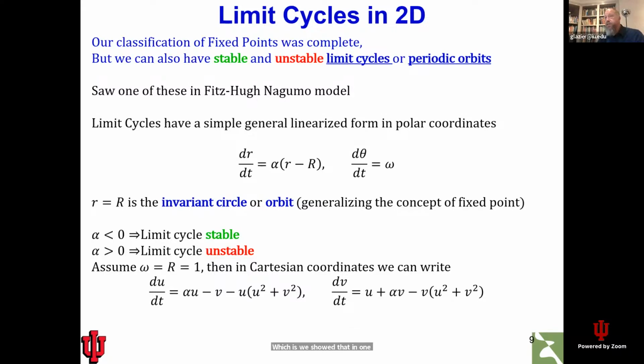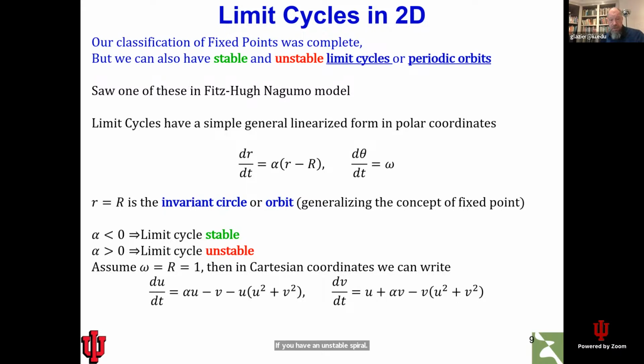But in 2 or higher dimensions, you can have stable or unstable oscillations. Spirals are oscillatory in nature. An unstable spiral represents a growing oscillation. A stable spiral represents a decaying oscillation.